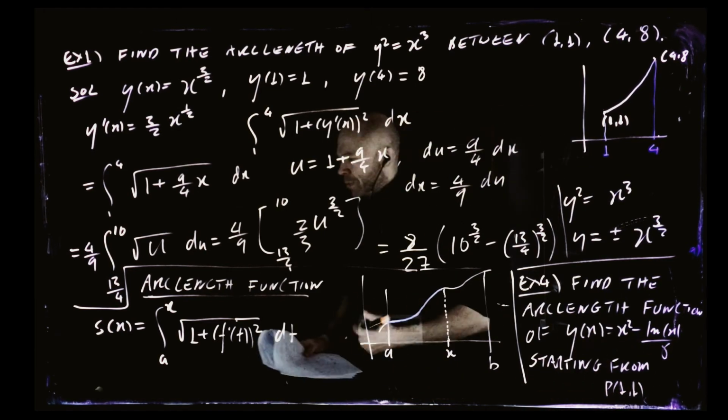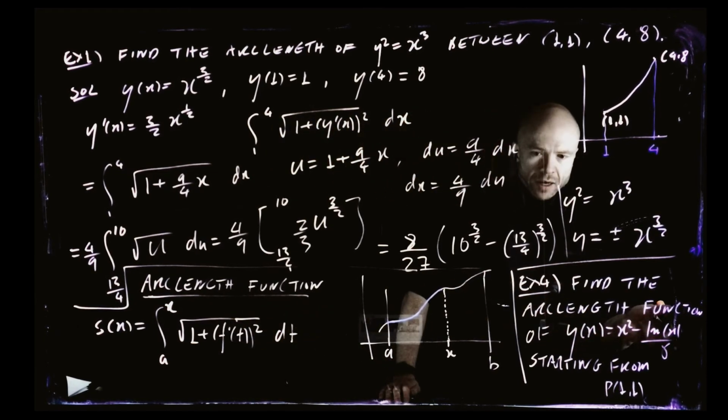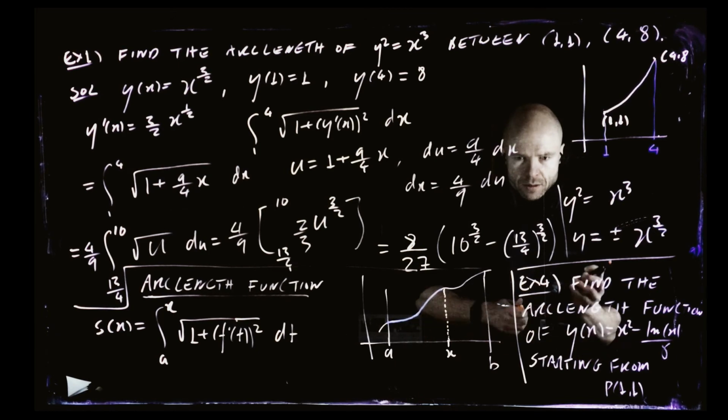And let's just check: if we put 1 inside this thing, y of 1 is 1 squared minus log of 1, which is 0. So indeed it starts at (1, 1). Yeah? Cool.